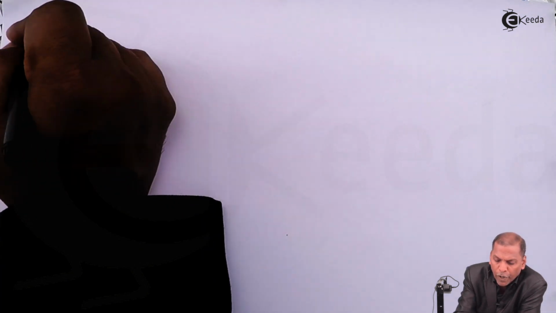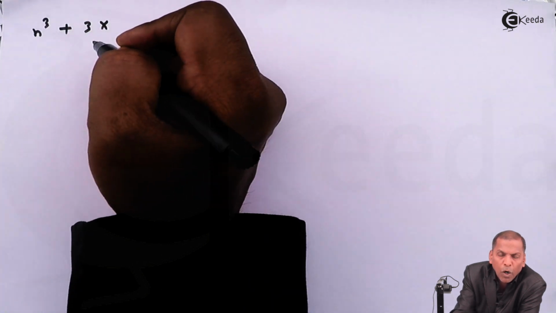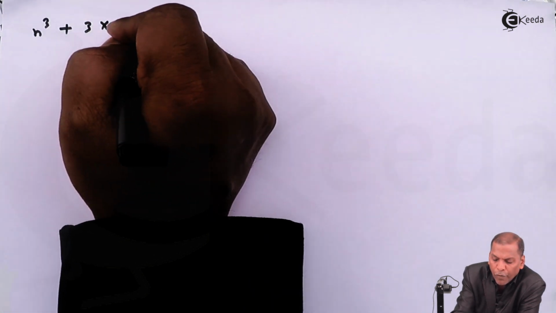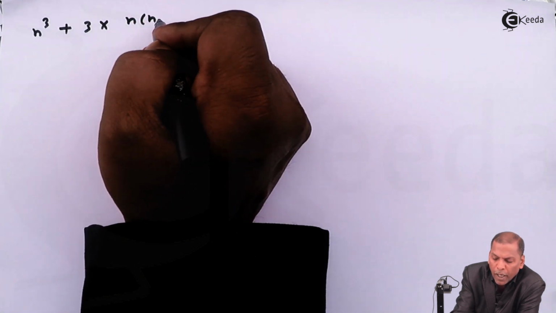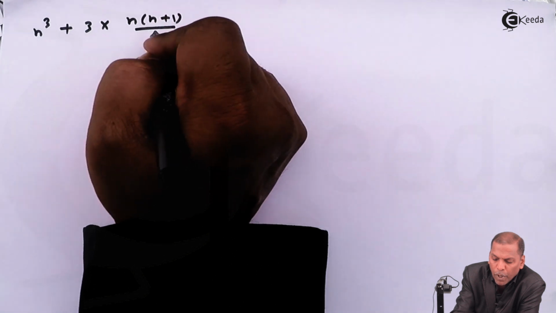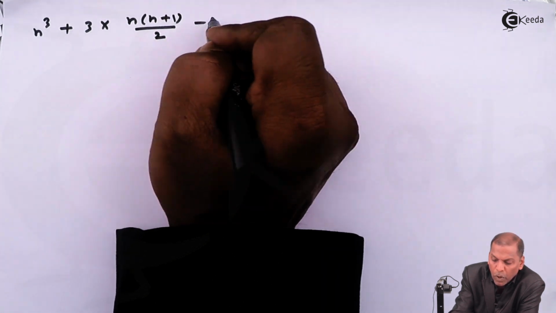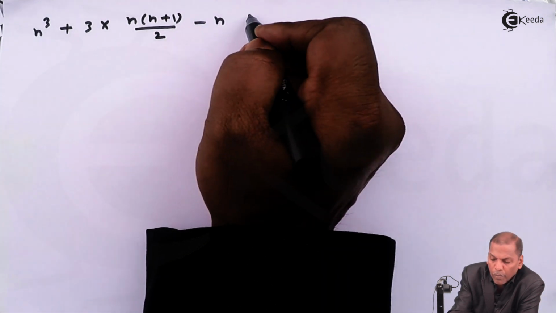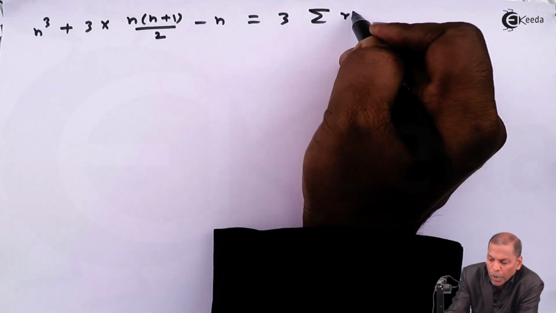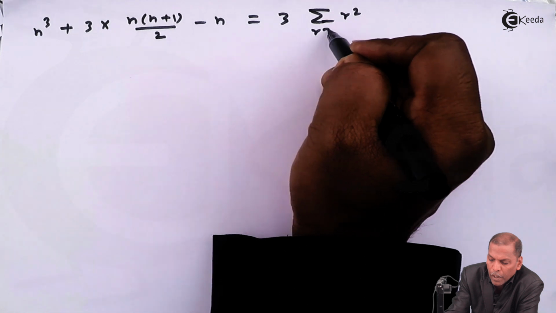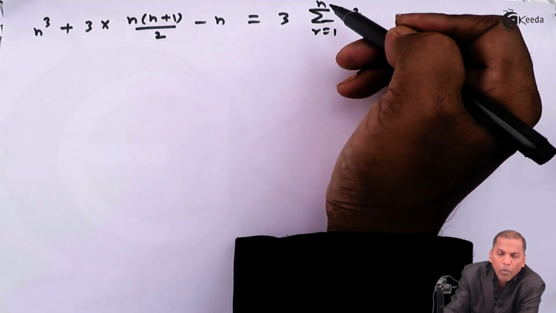On simplifying further, we have n cube plus 3 into, now for summation r we write the formula that we proved in theorem 1, that is n(n+1) upon 2, minus n is equal to 3 into summation r square, r takes value 1 to n.